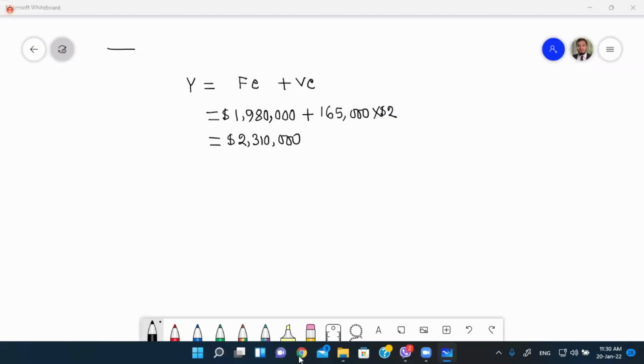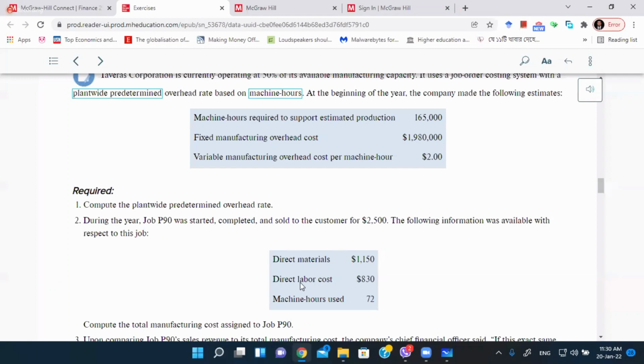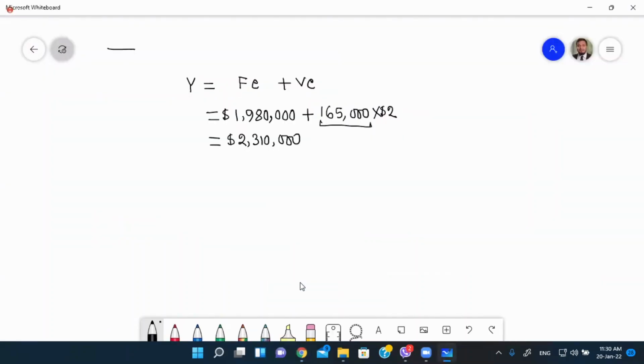Okay, now the question, working for 165,000 machine hours capacity. So what will be the plant-wide predetermined overhead rate?